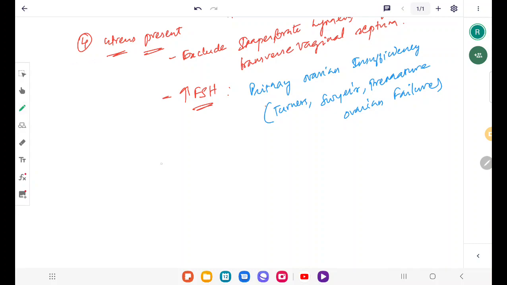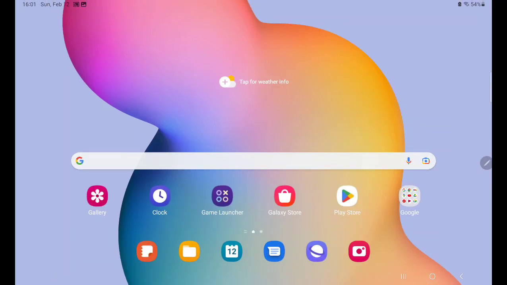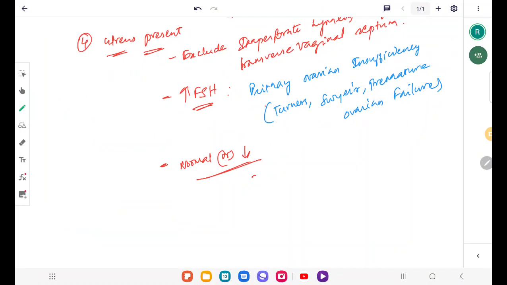And just in case during evaluation the follicle stimulating hormone levels are normal or reduced, it could be constitutional growth delay, or it could be hypogonadotrophic hypogonadism.